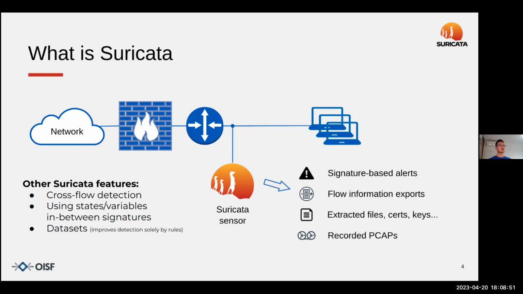With regards to signatures, it can do many different things in how it detects them within the traffic. One of those is that you can also detect different alerts in between flows. So you can have more clients communicating, and if you see some weird traffic in between them, you can also raise an alert based on that.